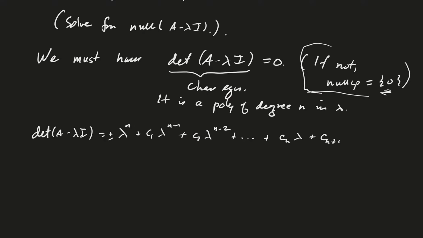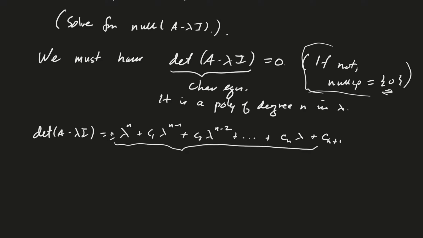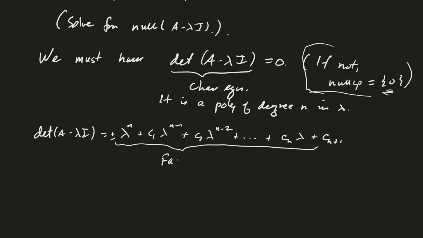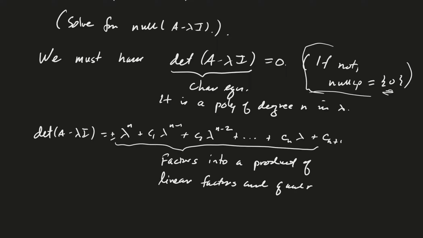But I wanted to emphasize that because this is a polynomial of degree n, we can factor it into a product of linear factors and quadratic factors, where the quadratics are irreducible.